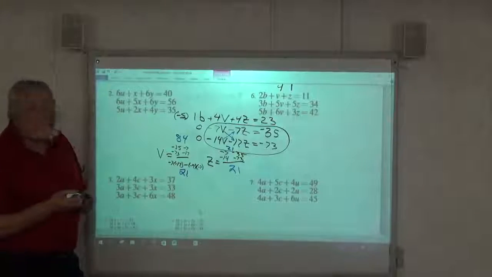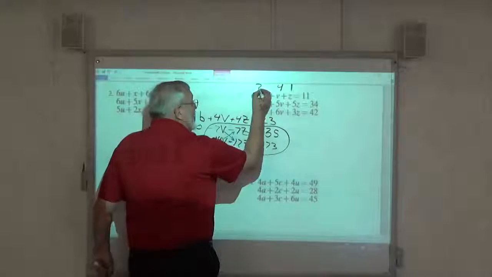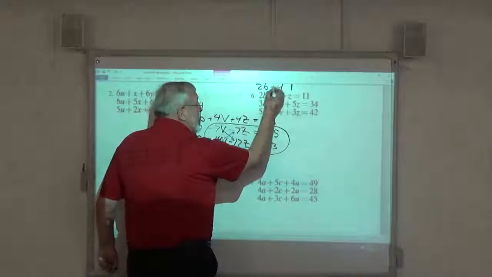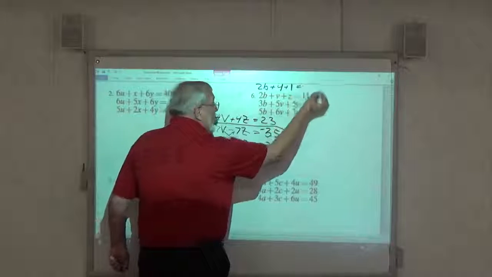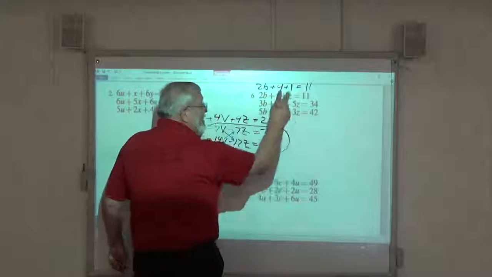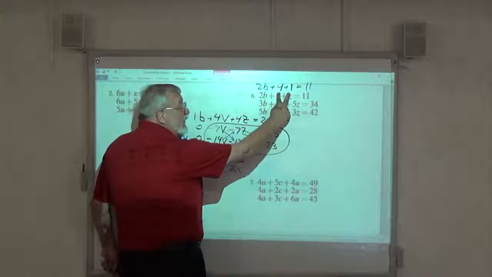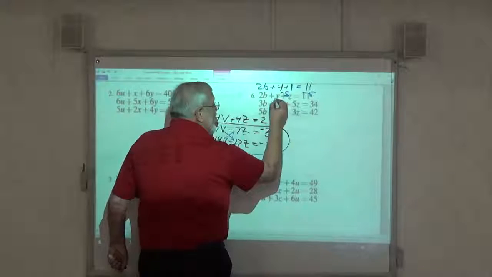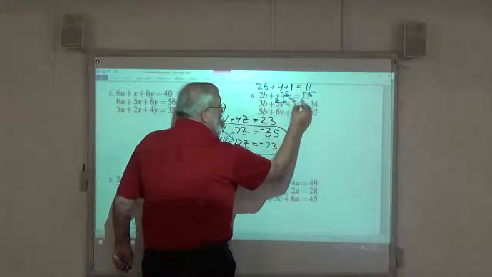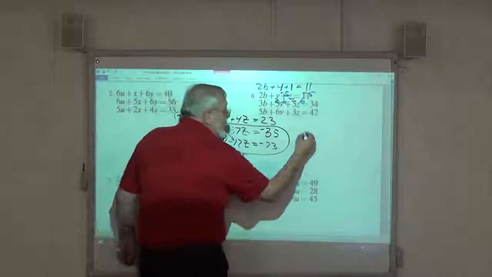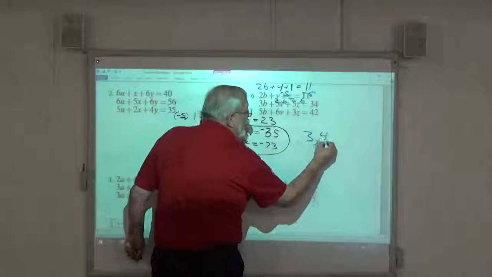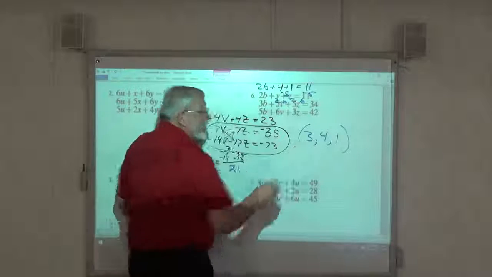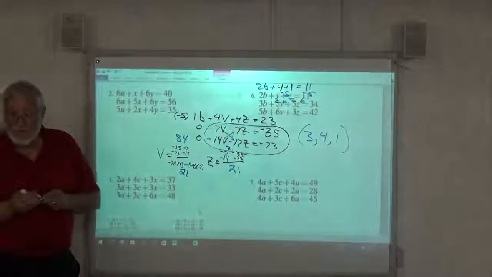All right, now here's what I have. I have 2 times B plus 4 plus 1 equals 11. How much is 4 plus 1? 5. So if I subtract 5, I get 2B equals 6, and so B is 3. So 3, 4, 1 is the solution point.